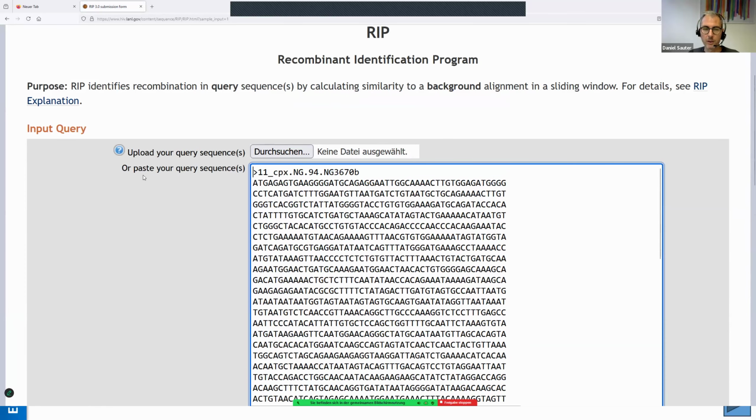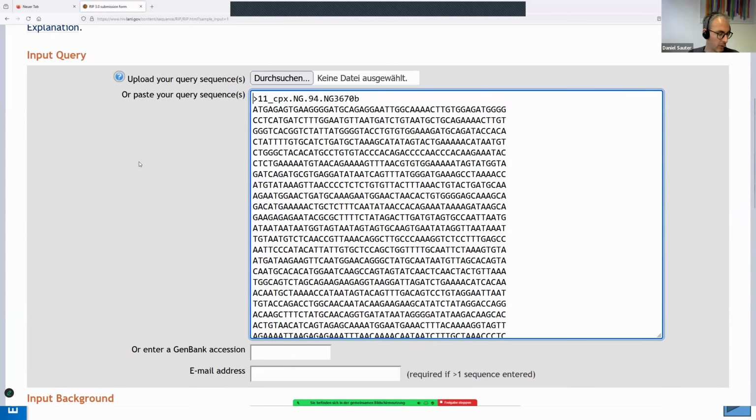And now the software will perform a so-called sliding window analysis. It will essentially cut the sequence into different fragments, and for each fragment, it will align this fragment to known clades to check whether it's derived from clade A, B, C, and so on. And this may identify breakpoints in the genome.